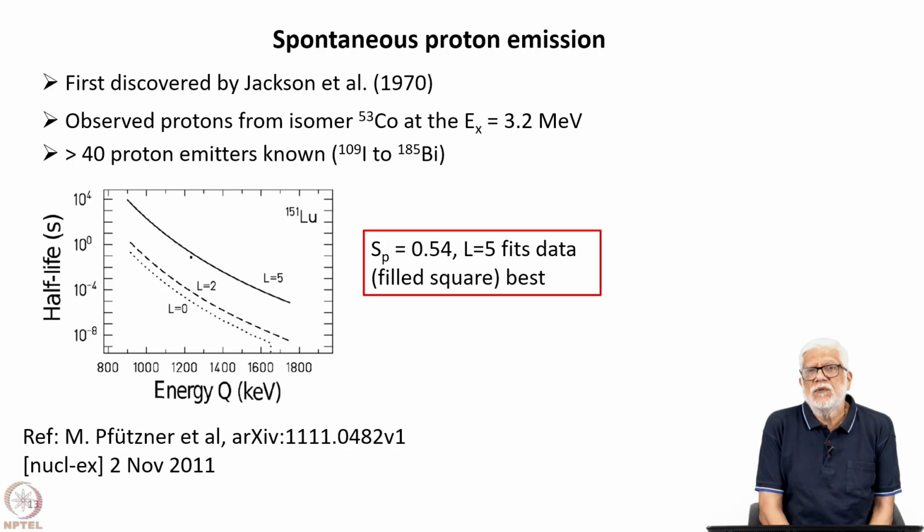Now, for protons, we don't have too many cases, or actually no case, of commonly available radioactive sources that lead to spontaneous emission of protons. On the other hand, for alpha particles, we have many.